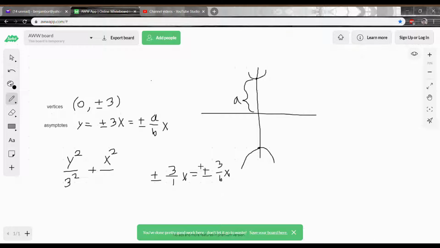And in this example, it's easy to see that for these two things to be equivalent, b has to be 1. So our b value is going to be 1 squared, which equals 1, and we can clean up this equation by writing y squared over 9 plus x squared over 1 is equal to 1.